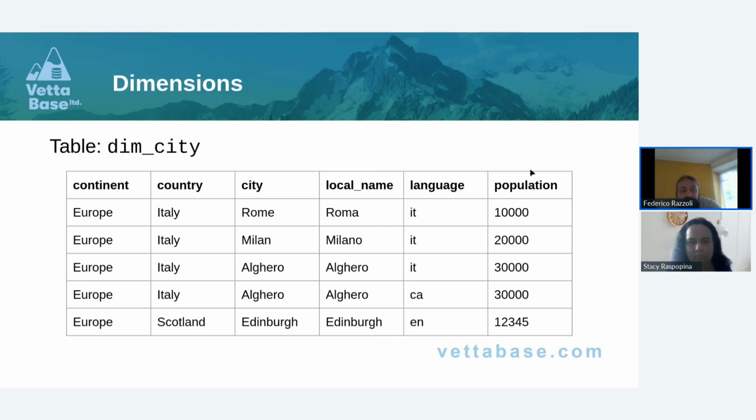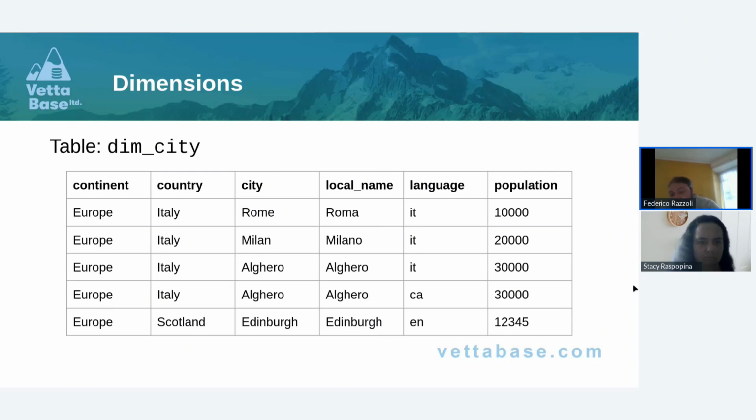And then in this case, we have a number, but this number is actually part of the dimension because it's the population of the city. Well, probably it should be rounded following some rules, so that it would be easier to read, or even to filter or group by. Anyway, it's a characteristic of the city.